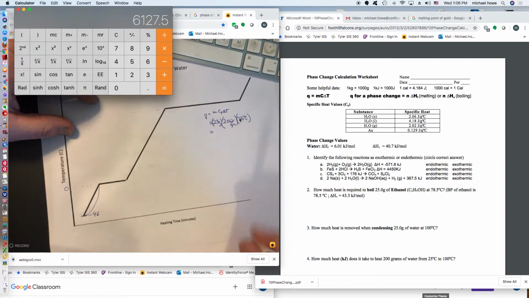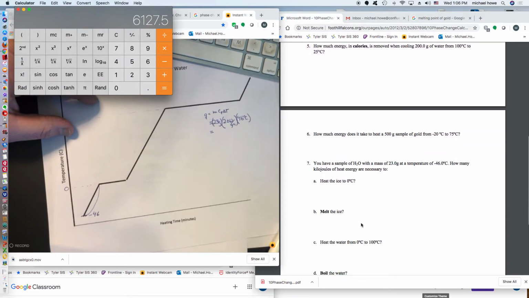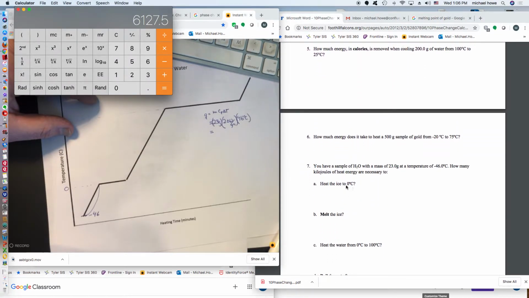So the energy that it takes to get up to 0 degrees is going to be the product of these three numbers. So let's go ahead and do that. We'd have 23 times 2.06 times 46, which is 2,179 joules.